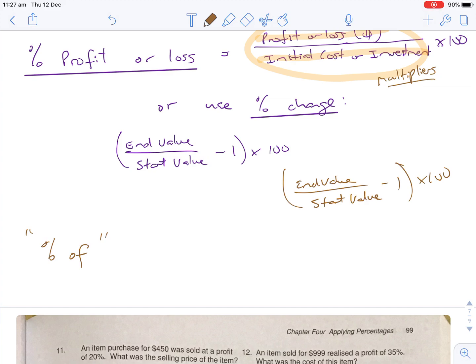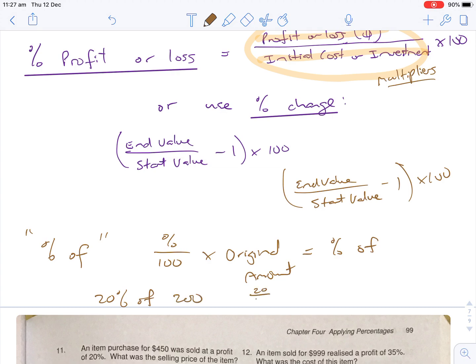And percentage of is basically, instead of doing the 1 plus or the 1 take, you're just doing whatever the percentage was divided by 100, and then timesing that by the original amount, whatever it is that they've given you, and that's going to equal what that percentage of is. So if I said, let's find 20% of 200, then I'm basically going 20 over 100, which is 0.2, timesing it by my 200.